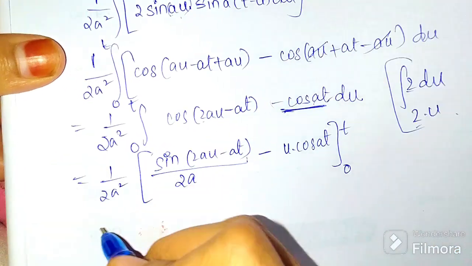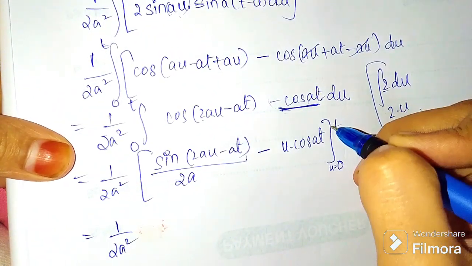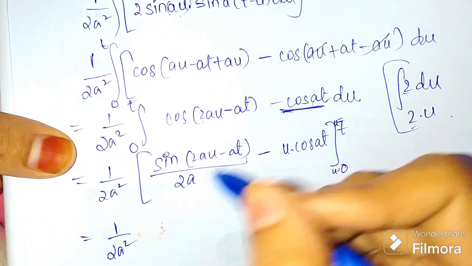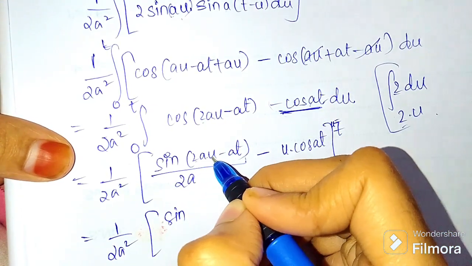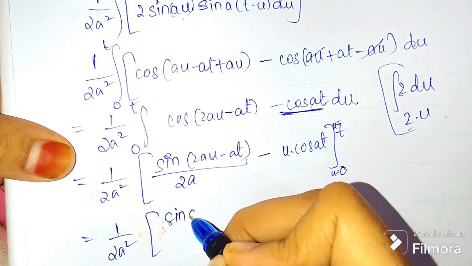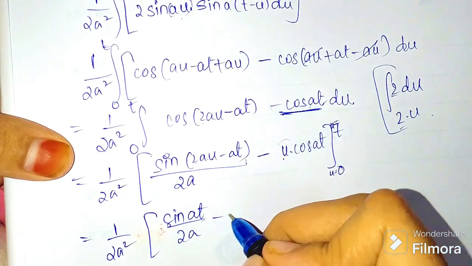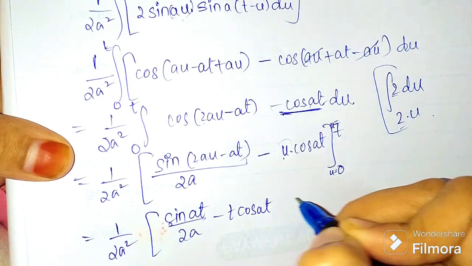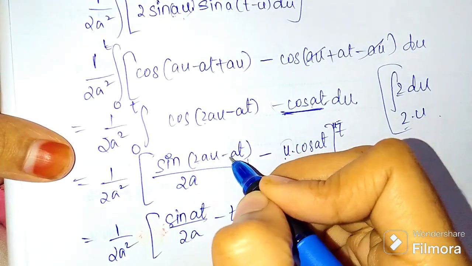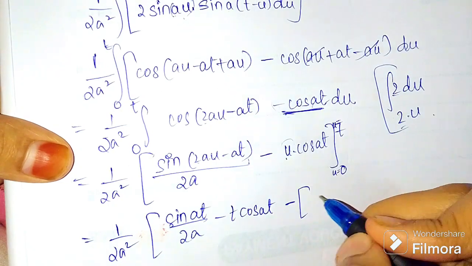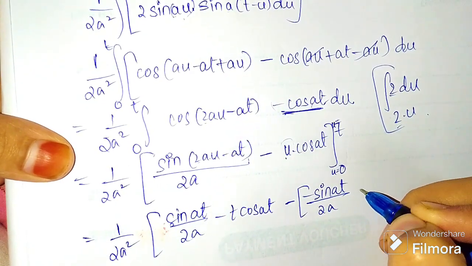Okay, next, in which place do I have to substitute? These are my U limits. Wherever U is there I have to put it. So sin 2AT minus AT, so sin AT, minus here U, so I'll get T cos AT, minus lower limit. If I put 0 here, I'll get sine of minus AT, that will become minus sine AT by 2A.